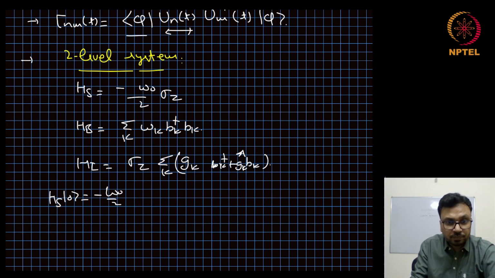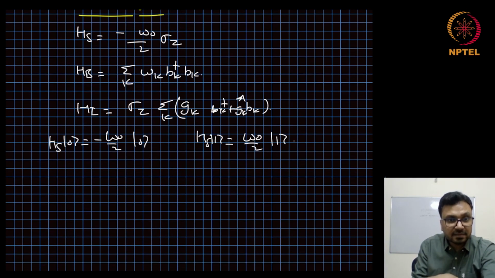H_s acting on |1⟩ will be ω₀/2 |1⟩, and we can see that H_s and H_I commute.